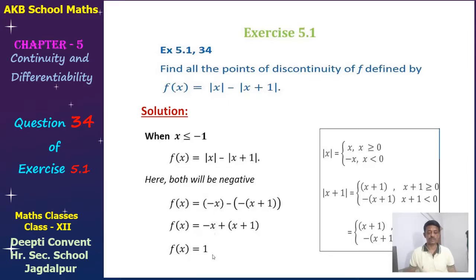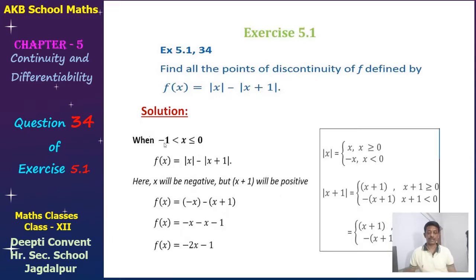Now solving it, f(x) equals 1 for x less than or equal to minus 1. For x less than or equal to minus 1, the value of the function is 1. Now minus 1 less than x less than or equal to 0. Here also use this definition for breaking it. Here x will be negative because x is less than or equal to 0, so mod x equals minus x.